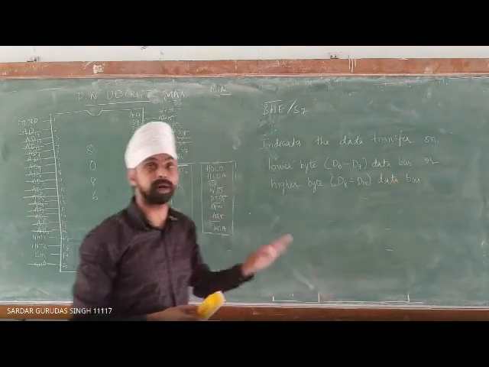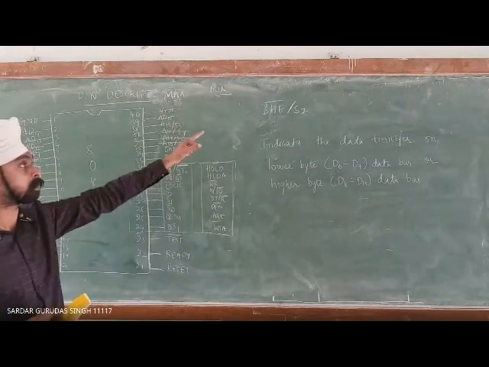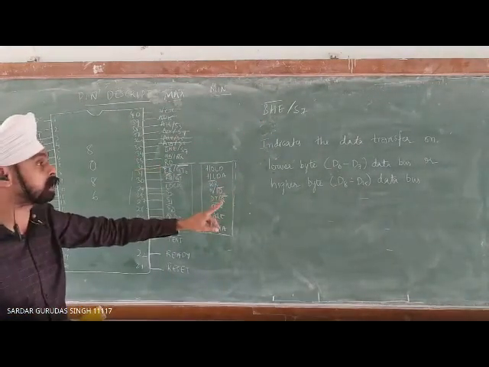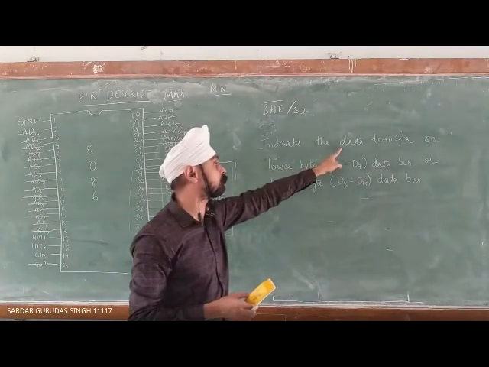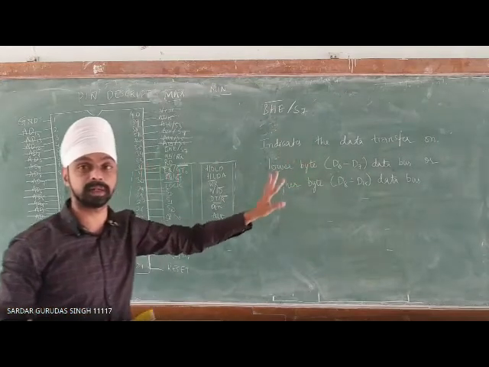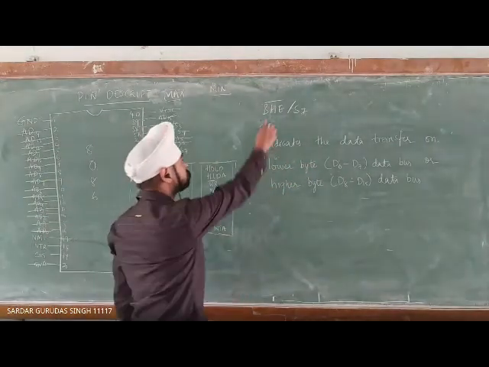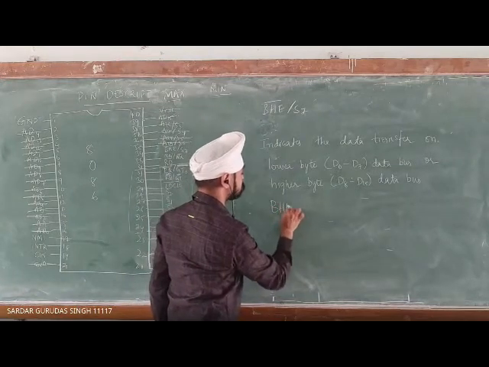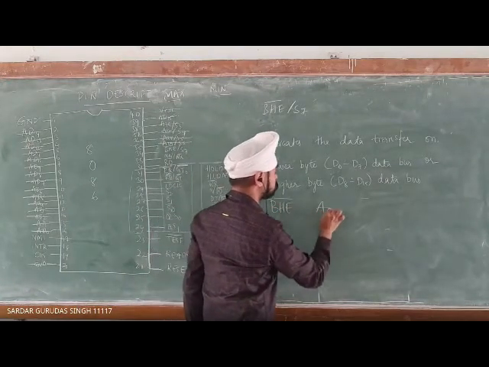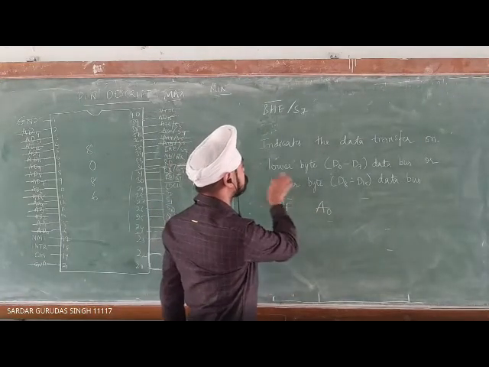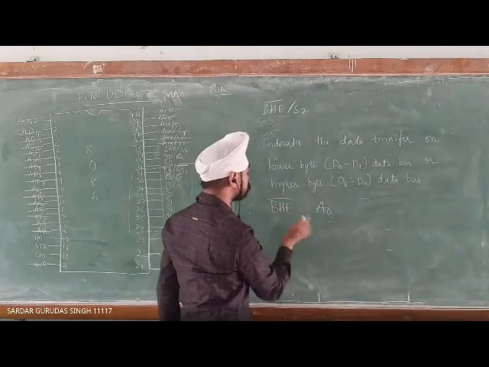So ultimately, what I meant to say is that this signal is used to indicate the data transfer on the lower data bus or on the higher data bus. This signal is used with the A0 signal in order to indicate whether the data is transferred on the lower byte or on the higher byte.